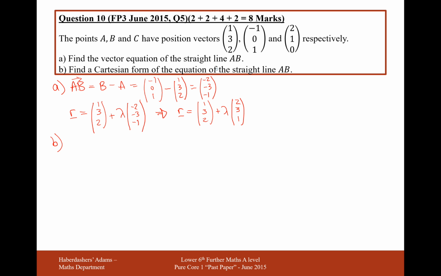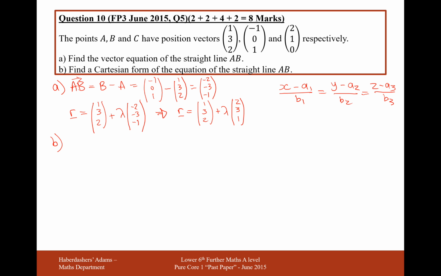Find the Cartesian form of the equations of straight line AB. Just remember the Cartesian form of a vector goes (x - a1)/b1. The a1 comes from this value 1 at the top here, and the b1 comes from this 2 here. And we go along doing exactly the same: (y - a2)/b2 equals (z - a3)/b3.